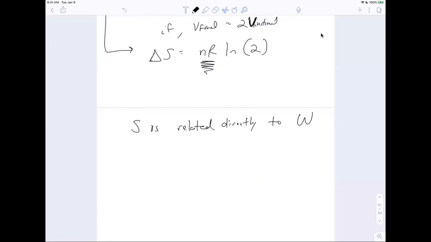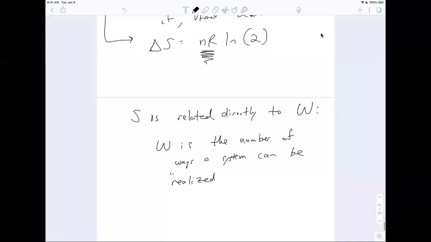And that W is the number of ways a system can be realized. And by realized, I mean how can you find the state of that system?